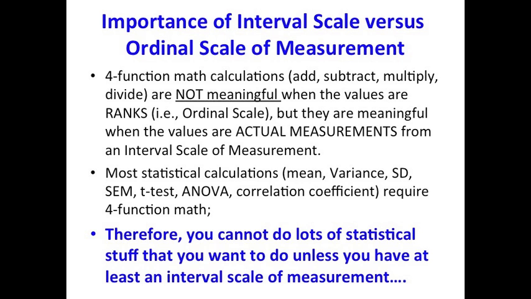But it's meaningless, because I've started with ordinal data and I've treated it as interval data. Most statistical calculations require four-function math, so in order to do a lot of the fancy statistical stuff, you want to have at least interval data. And that's a huge hurdle, that's a huge important point in understanding scales of measurement.